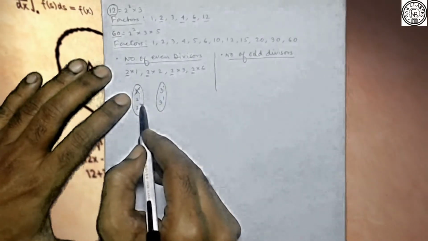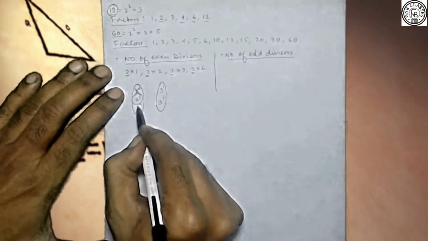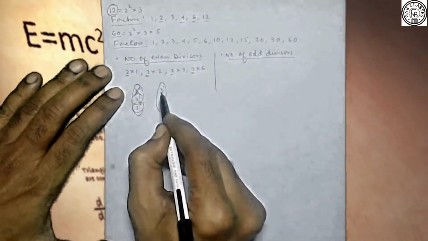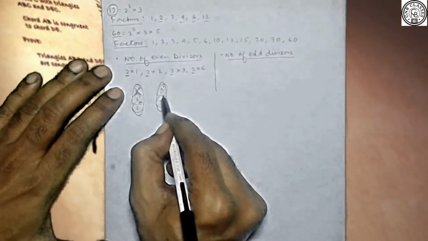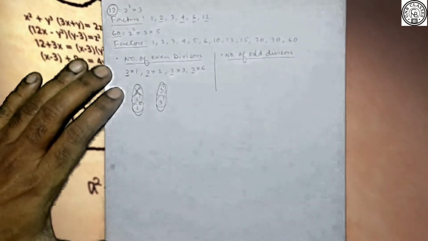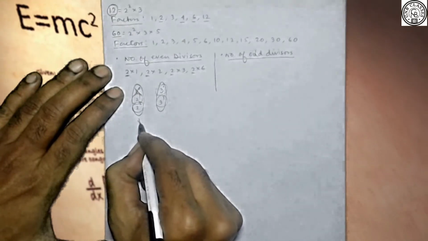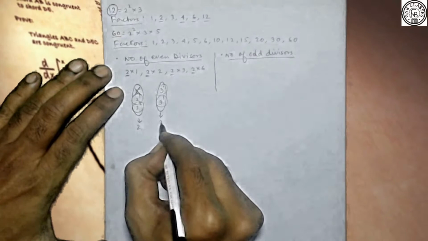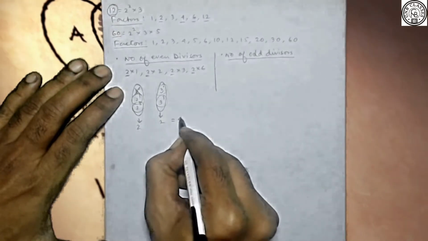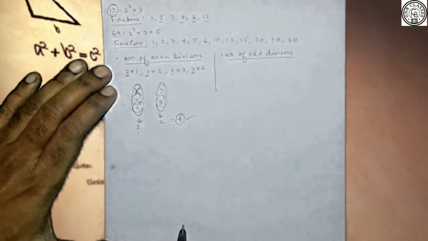So if we choose any one number from this set and any one number from this set, it will give you a divisor which is even. Is it clear? From here we have 2 elements, from here we have 2 elements, therefore 4 even divisors are there.